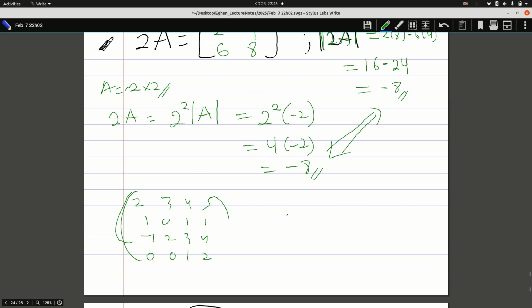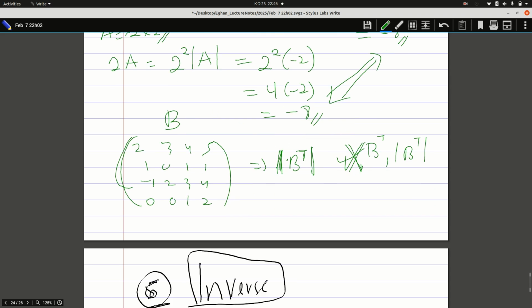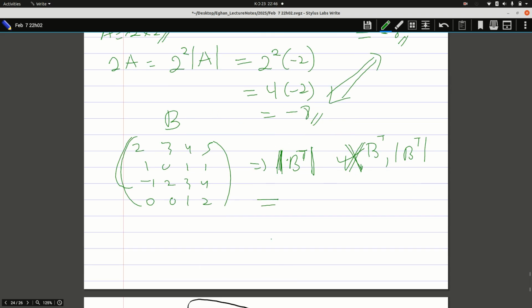And then you are asked to find the determinant of B transpose. My dear, you don't want to worry yourself to find B transpose first before you can find the determinant of B transpose. Don't go through this wahala, no. By properties of determinant, the determinant of B transpose is the same as the determinant of B. As simple as that. So you see how handy this becomes.